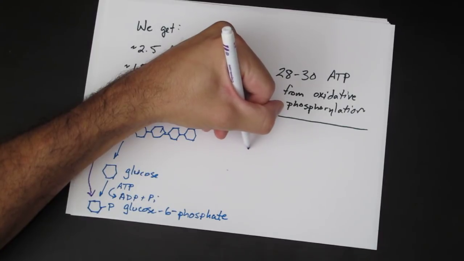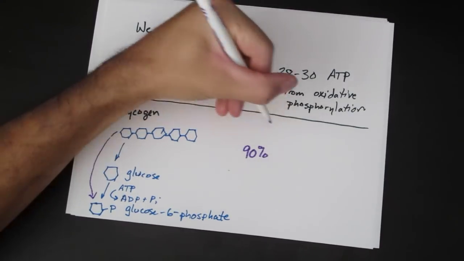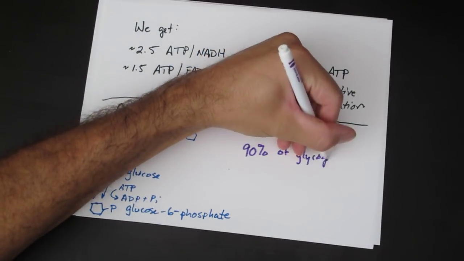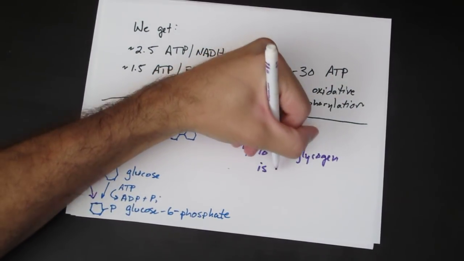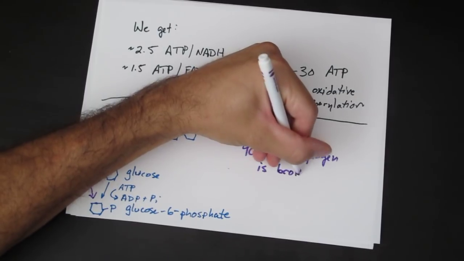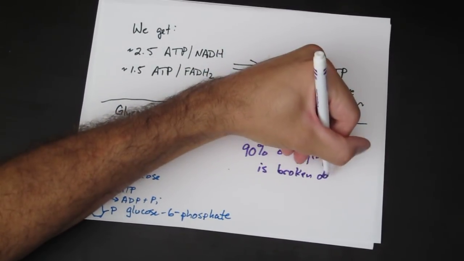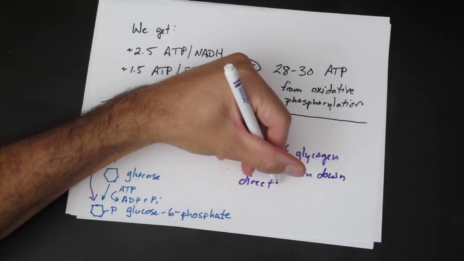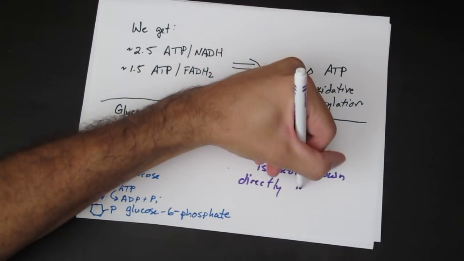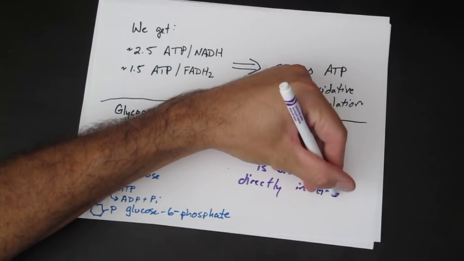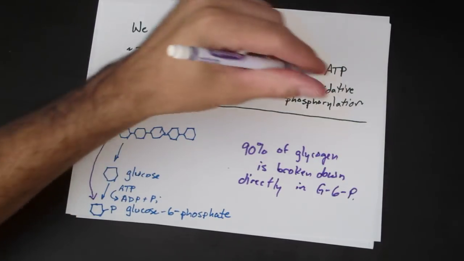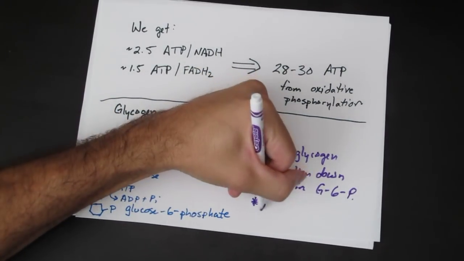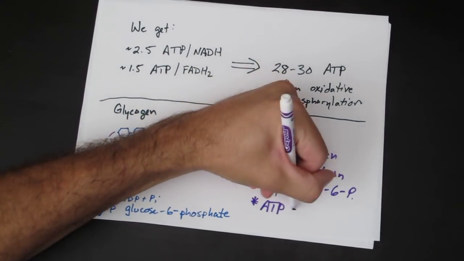So about 90% of glycogen is broken down directly into glucose 6-phosphate, right? And this is an ATP saving step.